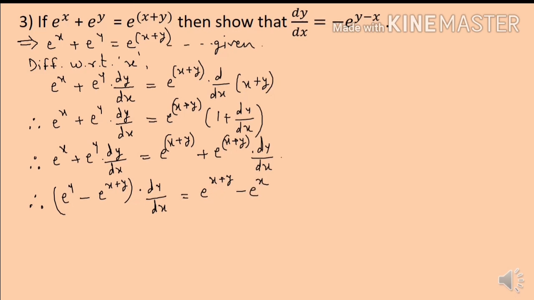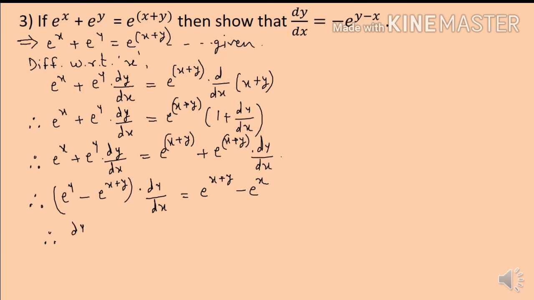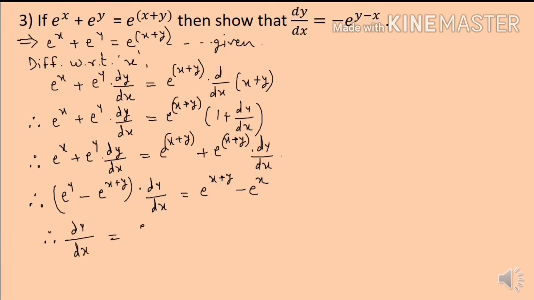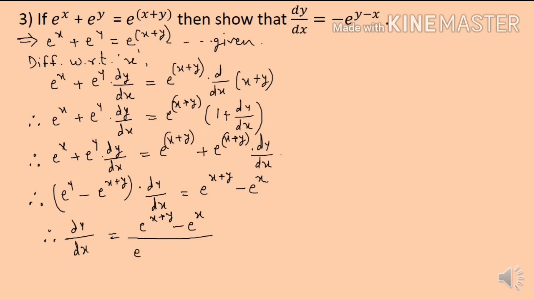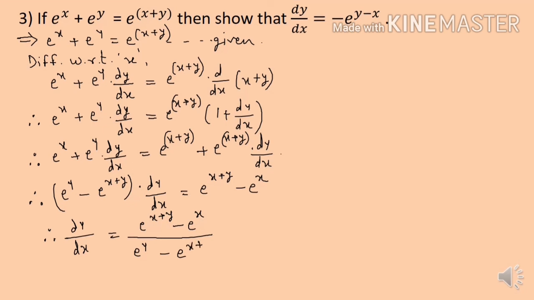Correct? Now therefore we have to find dy by dx. So dy by dx is equal to e raised to x plus y minus e raised to x upon e raised to y minus e raised to x plus y.